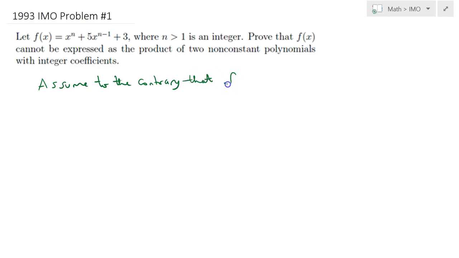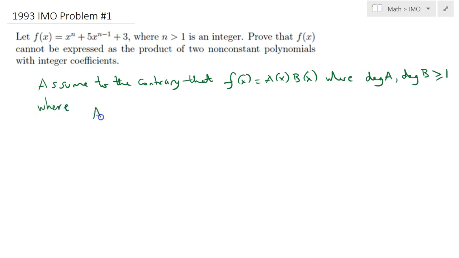f of x in fact can be written as the product of a of x times b of x, where both polynomials a and b have degree greater than or equal to 1, and they also have the following form.